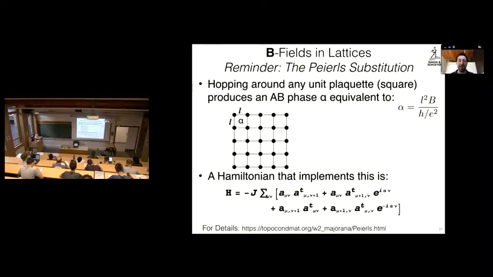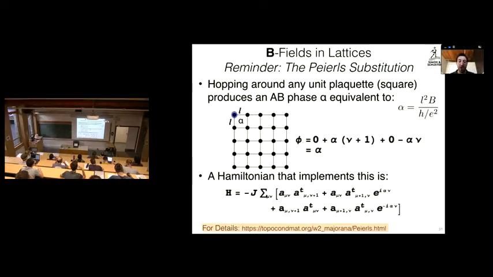The idea we should have in mind is we're trying to build Hamiltonians like this one at the bottom and induce particles to hop around loops and build up an Aharonov-Bohm phase. And again, you'll get this same alpha no matter which of these plaquettes you hop around. And if you hop around 2 plaquettes instead of 1, you will acquire 2 alpha phase, and so on and so forth. Okay? And that gives us all of the Lorentz type physics that one can get in a lattice.